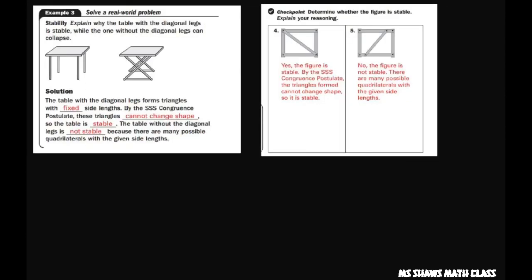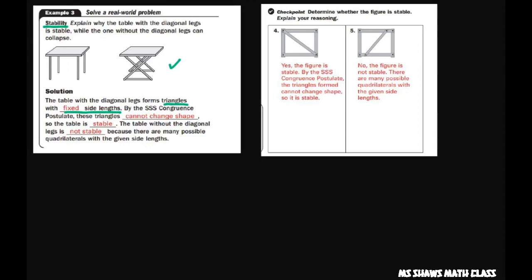And finally, we're going to talk about stability. So we're going to explain why the table with the diagonal legs is stable, why the one without the diagonal legs can collapse. The reason that this table is more stable is because it forms triangles with fixed side lengths.